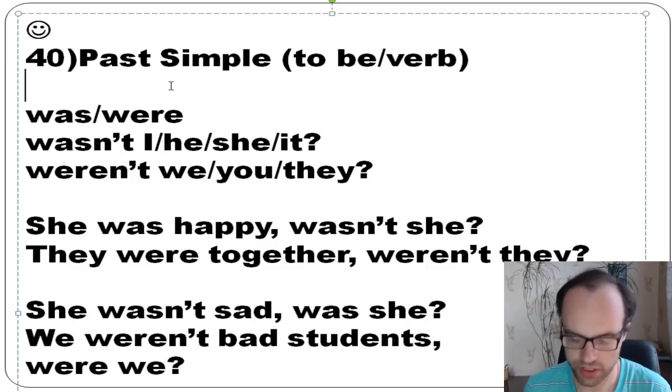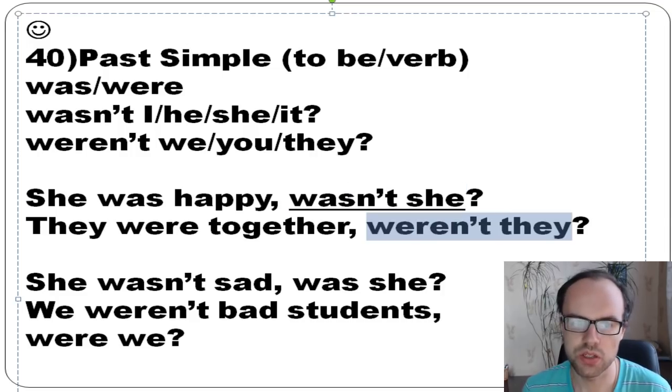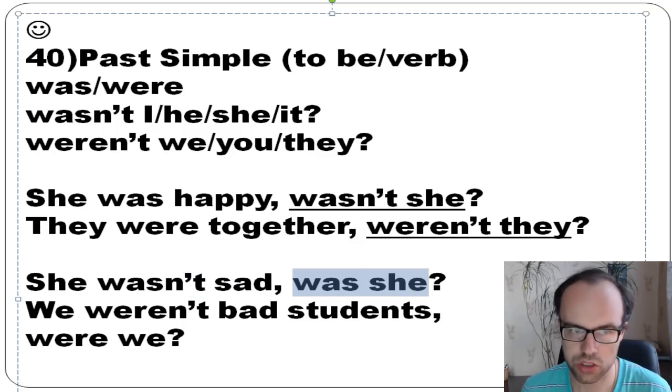Look, she was happy. Wasn't she? She was happy. Wasn't she really? They were together. Weren't they? So you need to use the opposite form. If you have a negative form, you need to use a positive form in tag questions. Look, she wasn't sad. Was she? We weren't bad students. Were we?